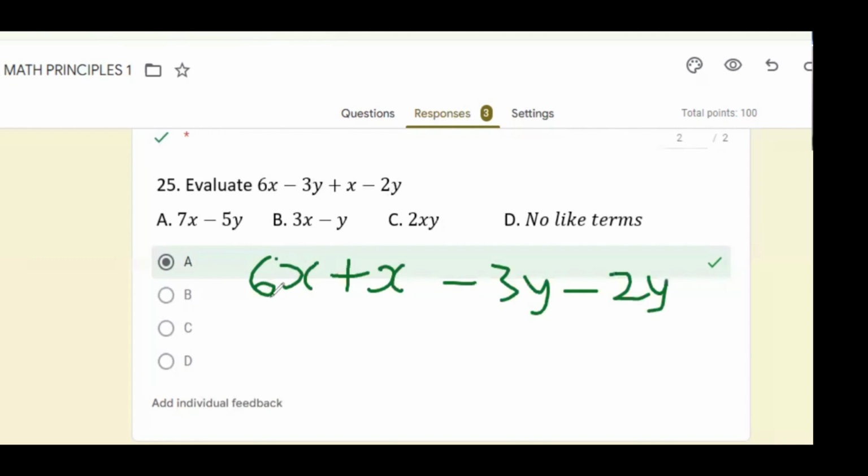So how do you simplify this? What is 6x plus x? 6x plus x gives you 7x. What about negative 3y, negative 2y? That's going to give you negative 5y. Very good. That's correct. And the correct answer is B.